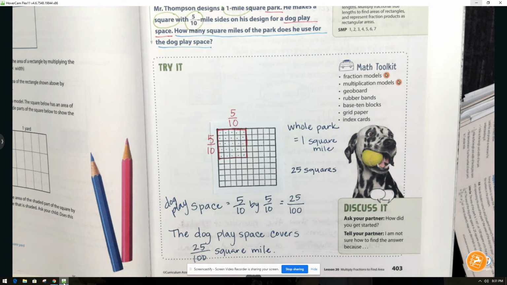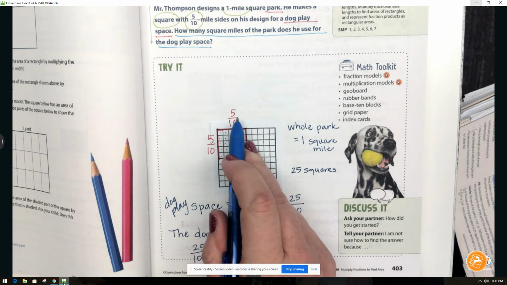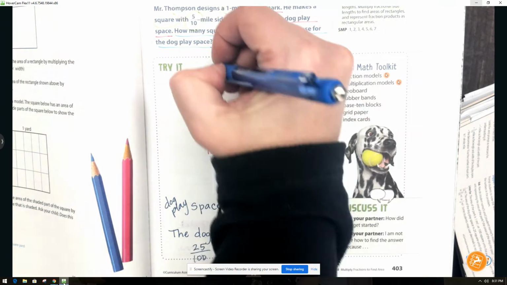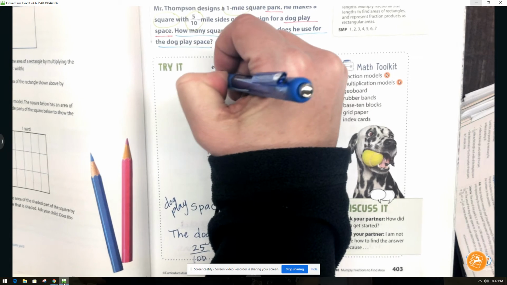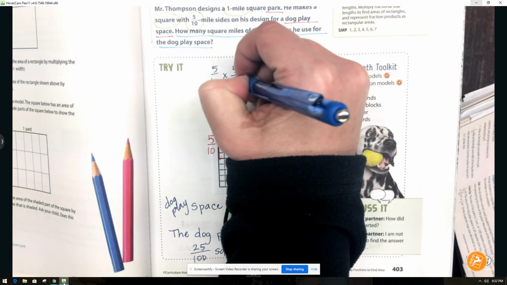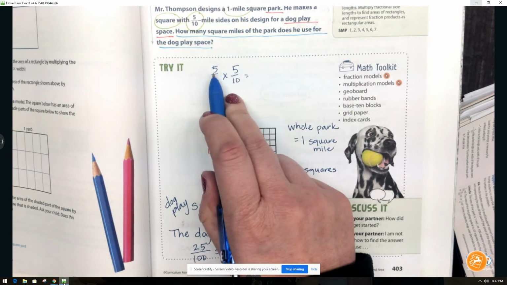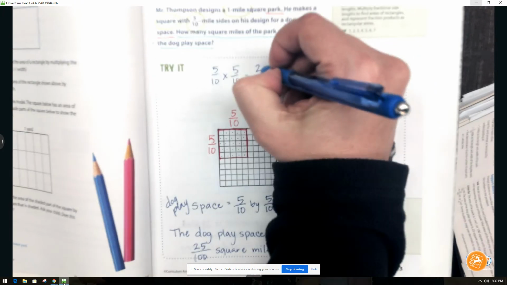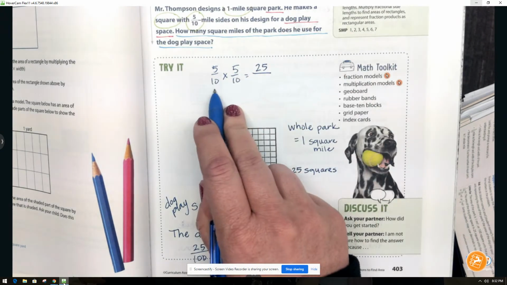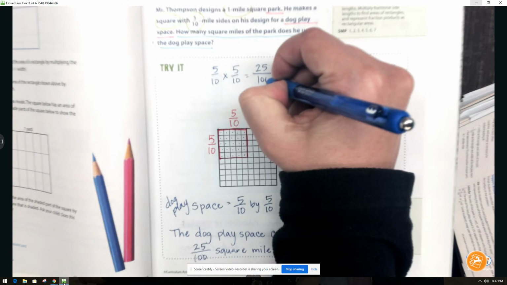But remember, you also know the other method when you're multiplying fractions. We know how to solve this. Multiply your numerator times your numerator. Bam. Denominator times your denominator.